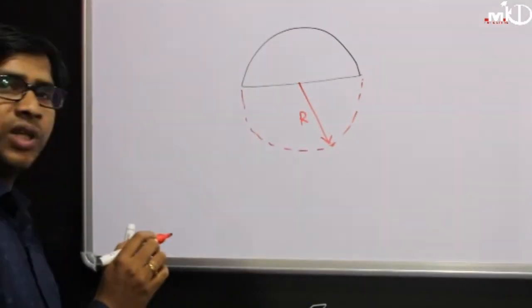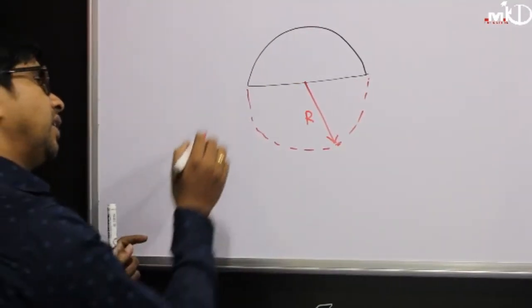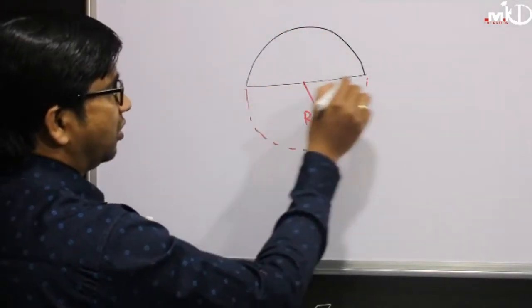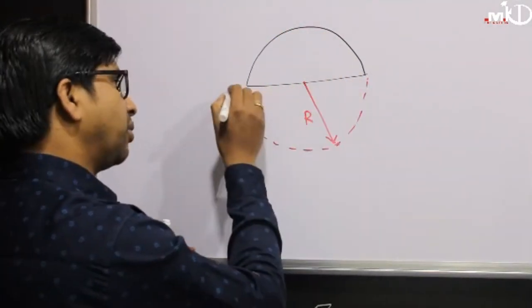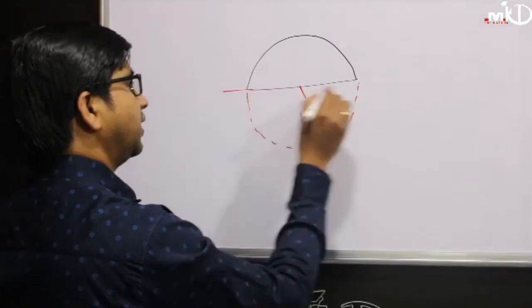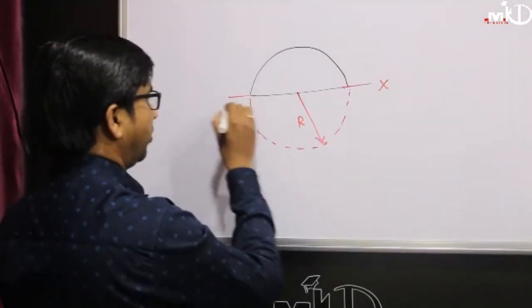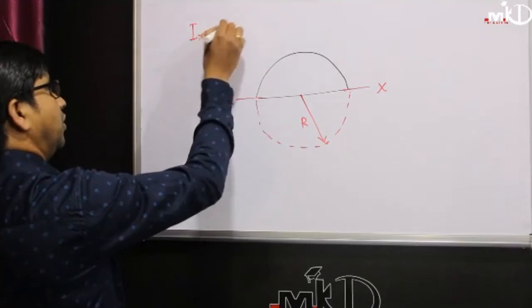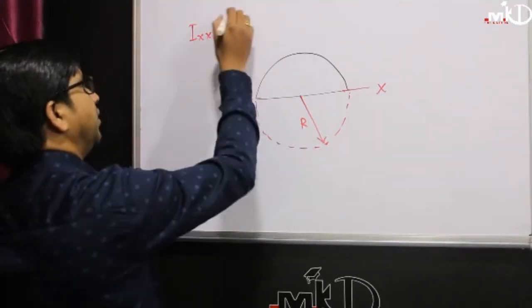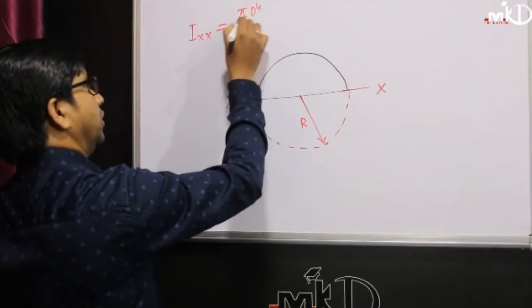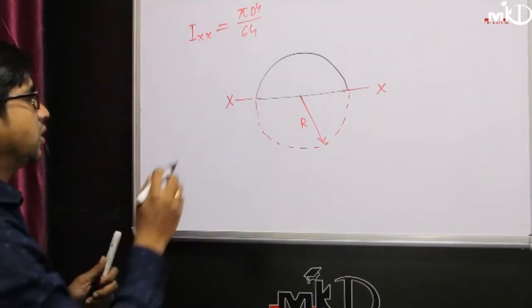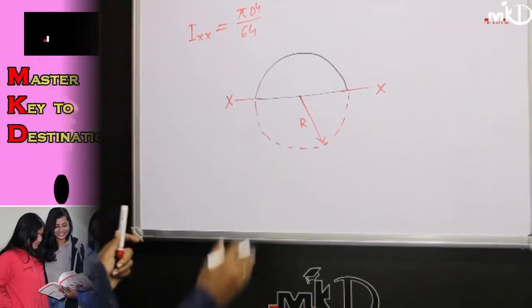Friends, already we have derived the MI for this circular section about the centroidal axis, that is, about the x axis. About the x axis, I XX, we have derived this is pi d fourth divided by 64, where d is the diameter of the circle.